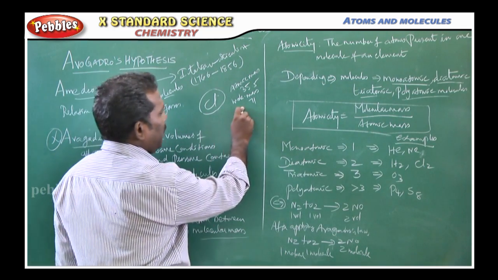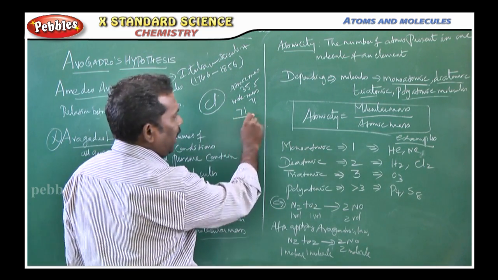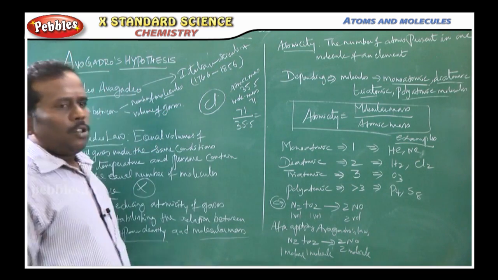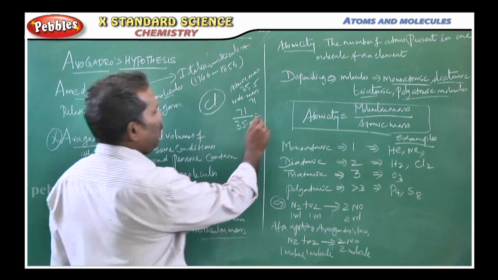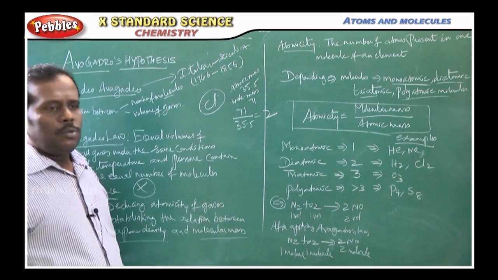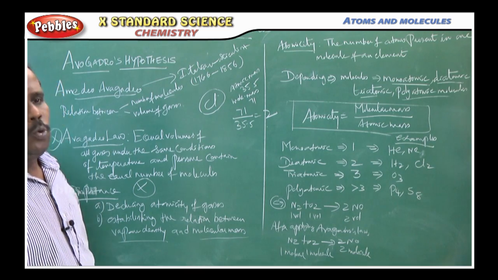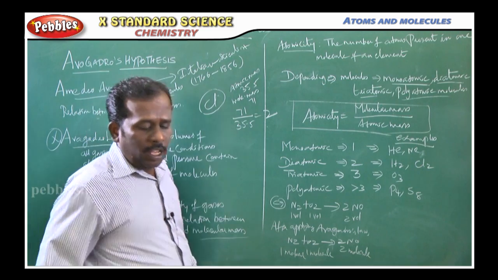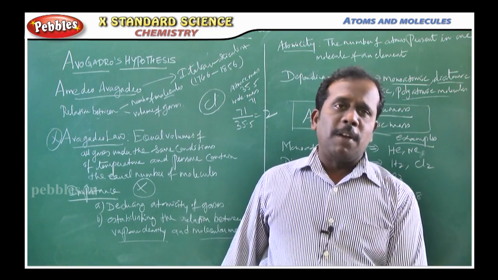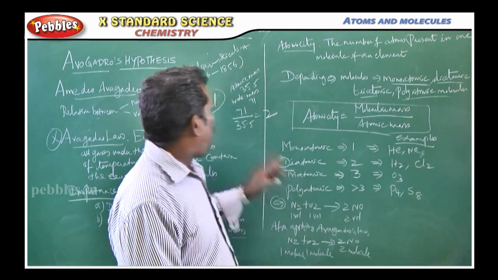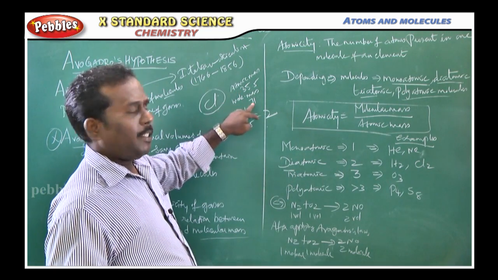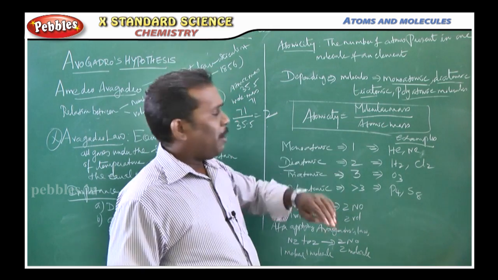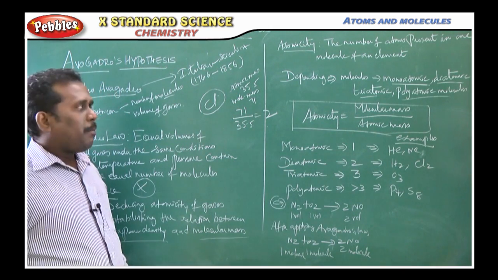The molecular mass is 71 divided by atomic mass 35.5. So what is the atomicity of chlorine? It is 2. This is what they asked in 2 marks: find the atomicity of chlorine if the atomic mass is 35.5 and the molecular mass is 71. You write the formula atomicity equals molecular mass divided by atomic mass.